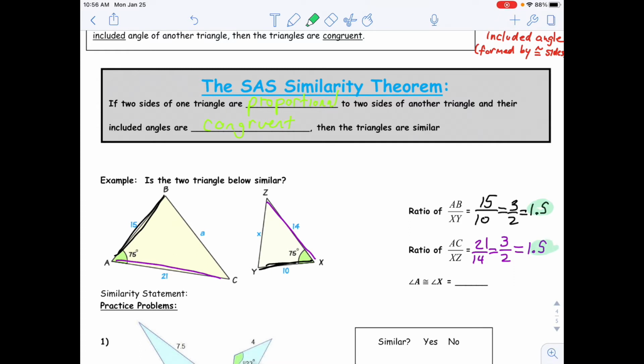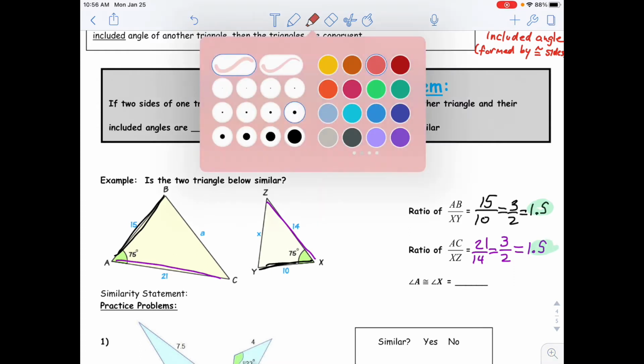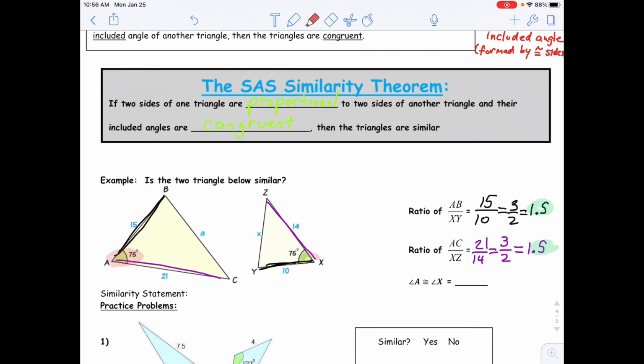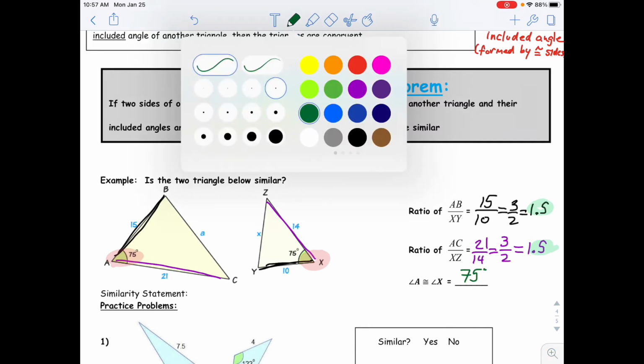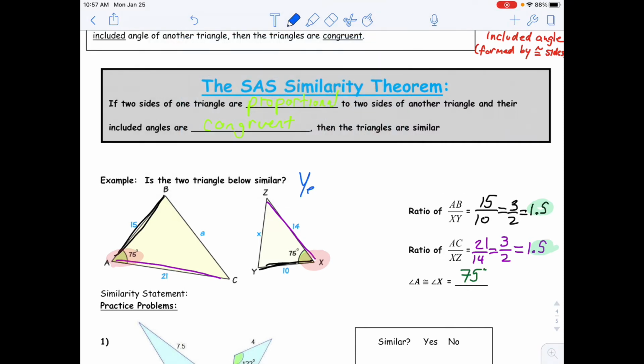So we have sides that are proportional, and then angle A and X are included angles, and they are congruent because they have the same measure. They're both 75 degrees. So yes, similar by side, angle, side.